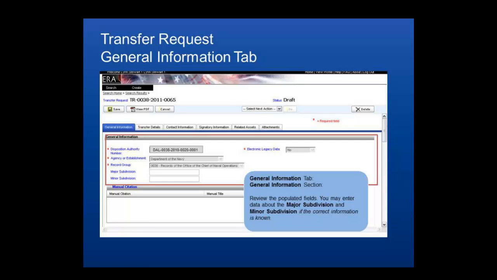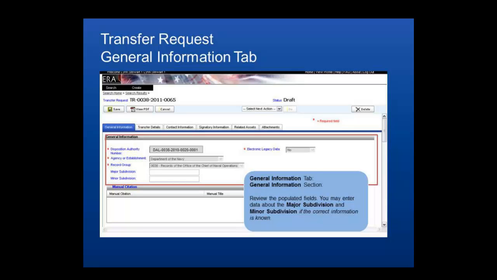So, in the General Information tab, the very first piece of information is the Disposition Authority number. This is really the concrete basis for the creation of any transfer request in ERA. It must have a disposition authority which exists in ERA on the schedule side.